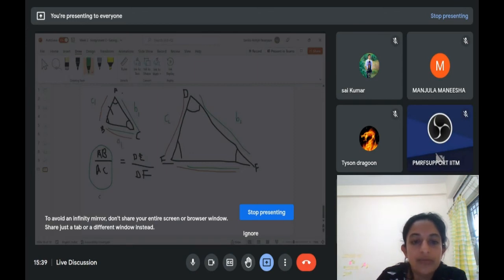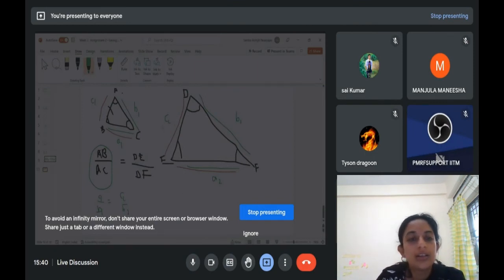And this is A1 and this is length A2. So these lengths are actually in ratio. So I know that C1 by B1 is equal to C2 by B2.